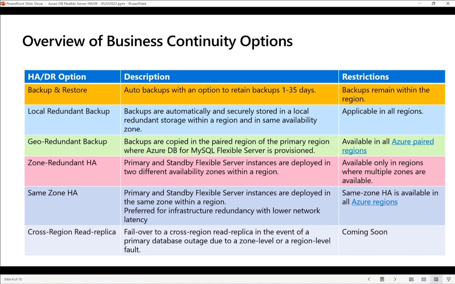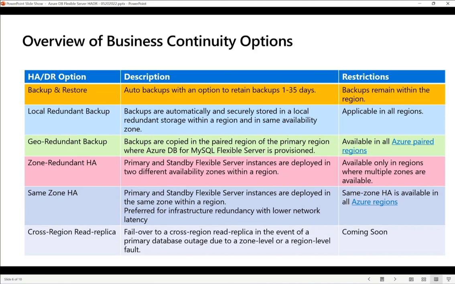Now, if you deploy your MySQL instance where we have multiple zones, you can select zone redundant HA, and you can specify where you want to have the primary database instance and where you would like to have the standby instance.